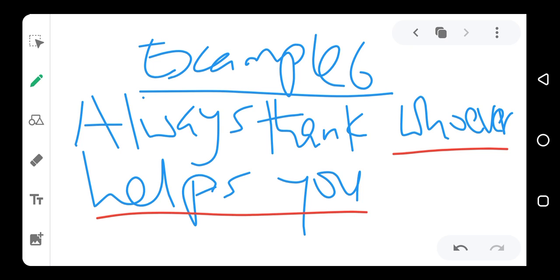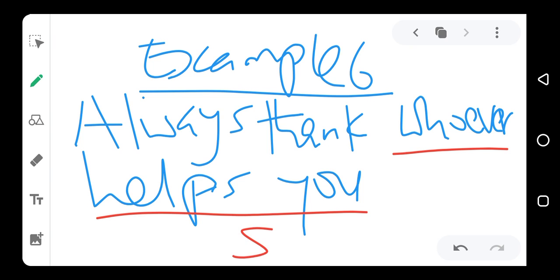We can replace the whole group of words with an appropriate pronoun to see if it still has its meaning. Always thank him, or always thank her. If we put him or her in the sentence, it does not destroy the meaning of the sentence. Therefore, we know that this is a noun clause. So what is the function of this noun clause in the sentence?